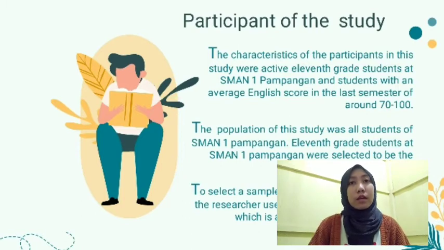The population of this study was all students of SMA N1 Pampangan, and 11th grade students at SMA N1 Pampangan were selected to be the sample. To select a sample from the existing population, the researcher used a probability sampling type, which is a random sampling technique.